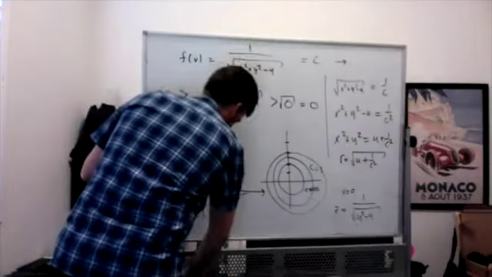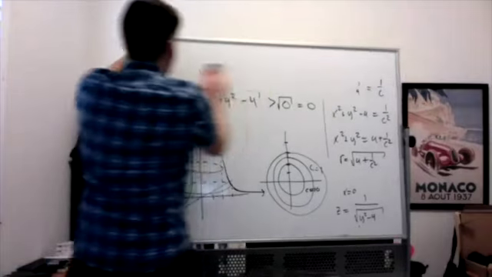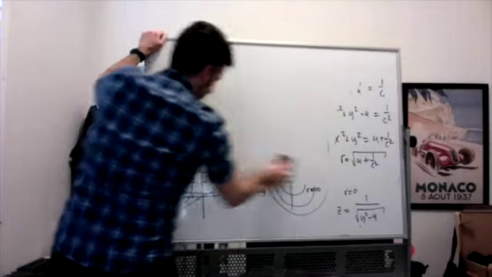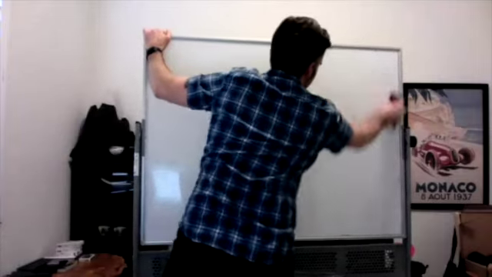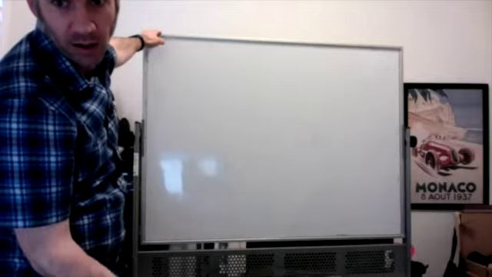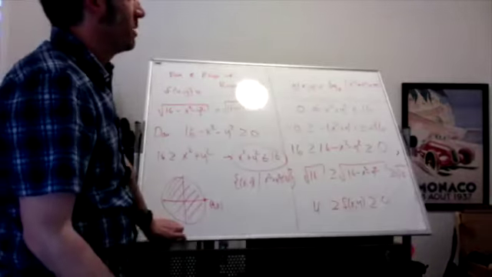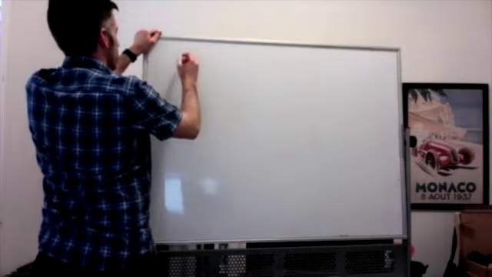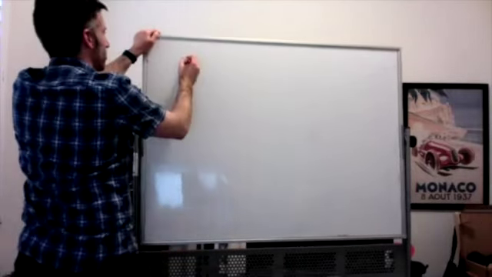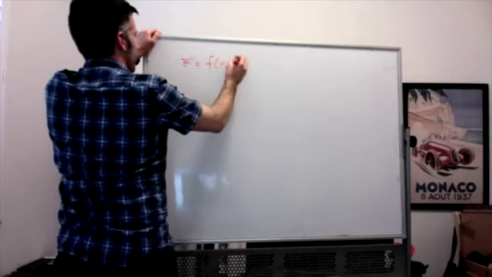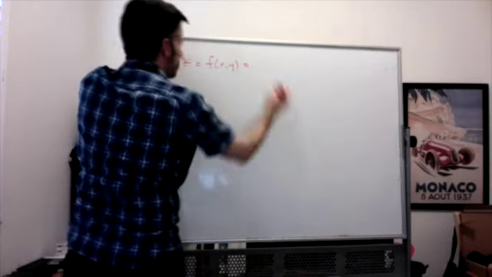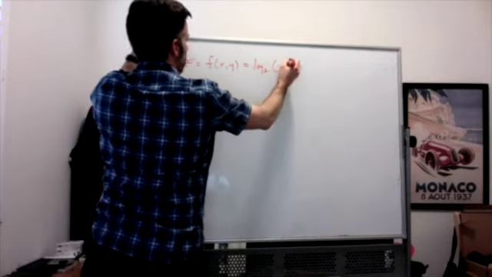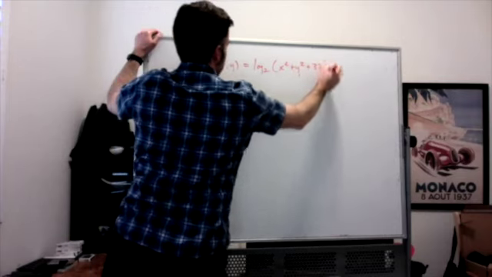Let's look at the other one. So let's see here. Log base 2 of x squared plus y squared plus 32. So, f of x, y. Log base 2 of x squared plus y squared plus 32.